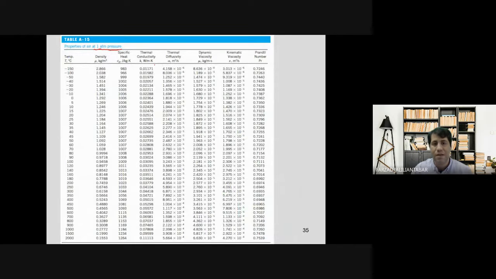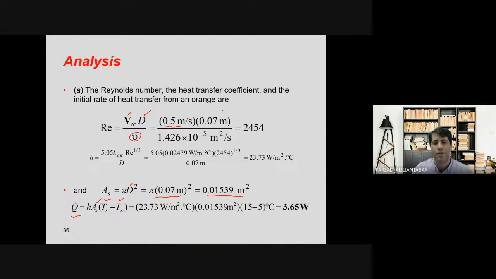To find kinematic viscosity, we can come to this table. The temperature which is mentioned for the air is 10 degrees Celsius. Then you can see all the other properties here. Okay, this is kinematic viscosity, 1.42. So we can find kinematic viscosity in this table.